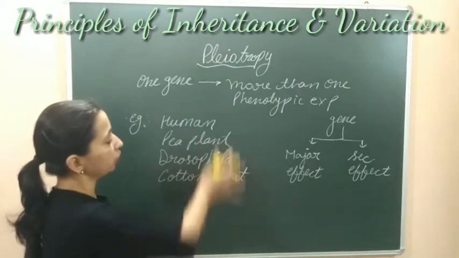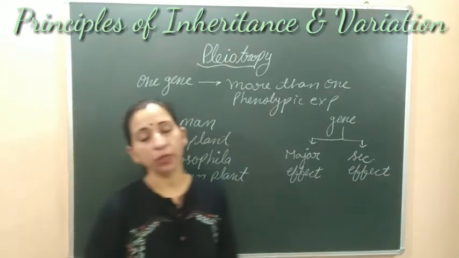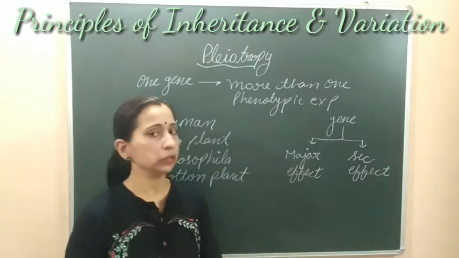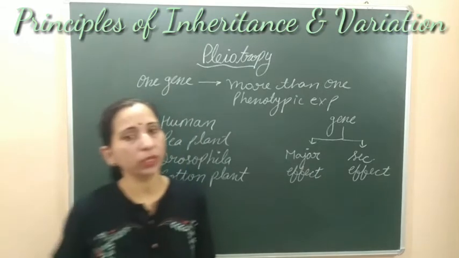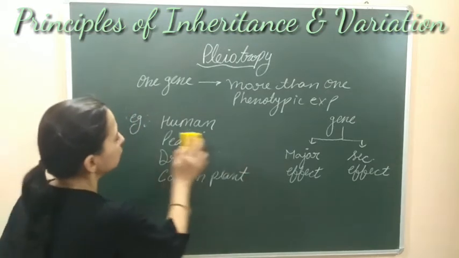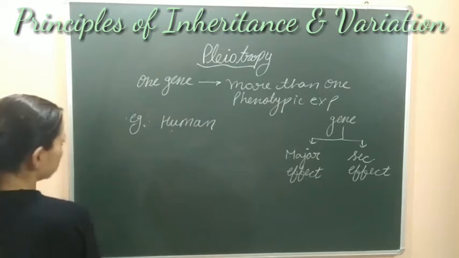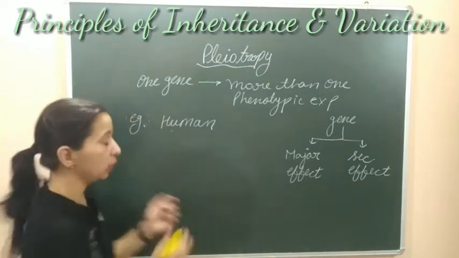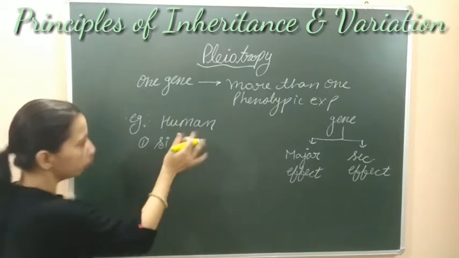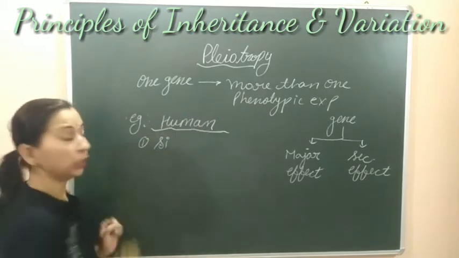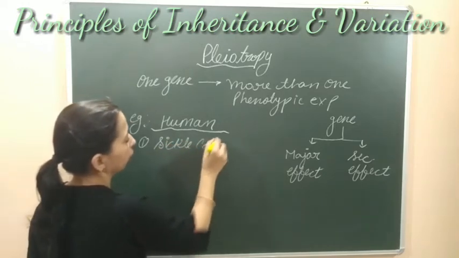So let's start with these examples now. Human. If we talk about pleiotropy in the case of human, here we can study pleiotropy with different examples. In humans we can study many types of diseases which are related to pleiotropy. For example, the first example in the case of human is the disease sickle cell anemia.